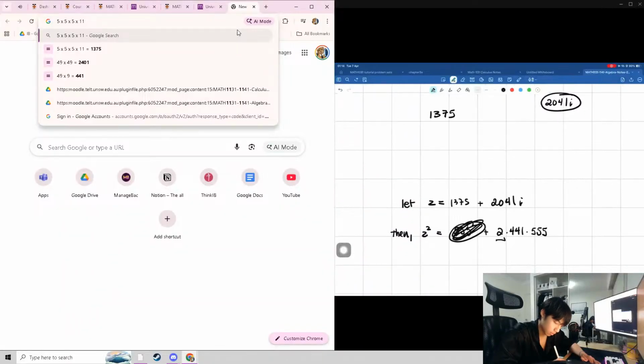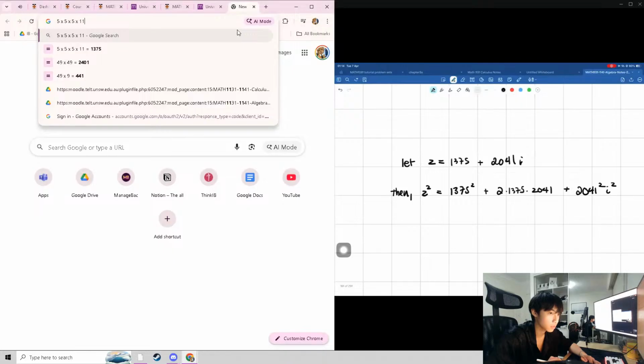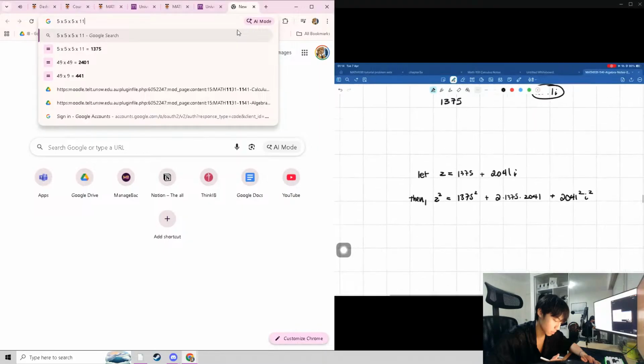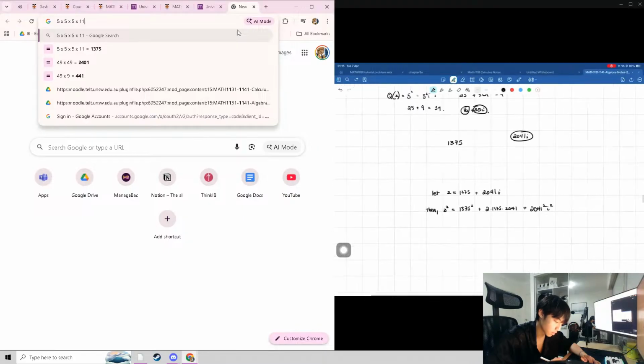Then 1375 squared plus 2 times 1375 times 2041 plus 2041 squared i squared. Looks like this number is going to be a negative number, so that's not good.